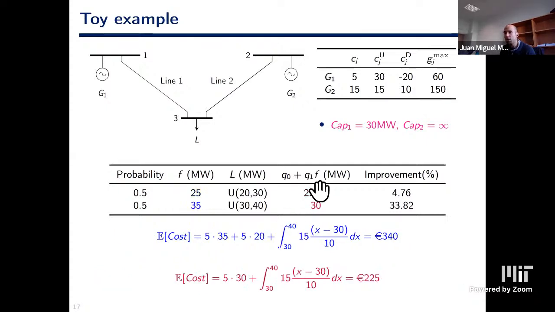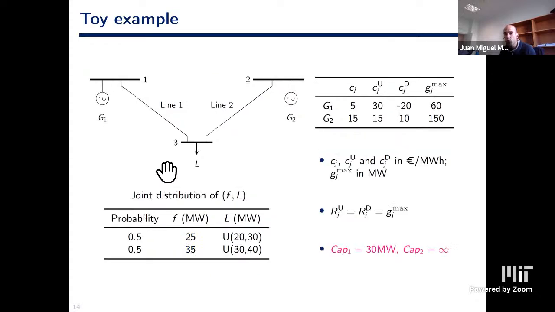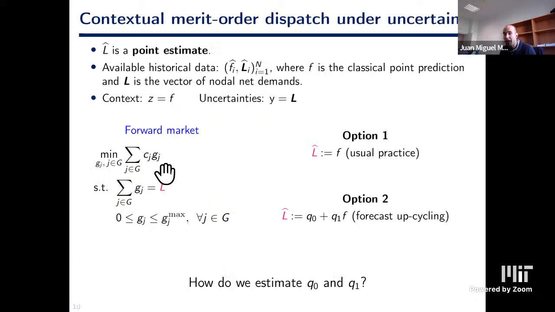Q0 is the intercept of a linear function that maps the forecast that we have of the system load, of the load placed at node 3, to a new value of the load, which in reality we use here in the forward market.